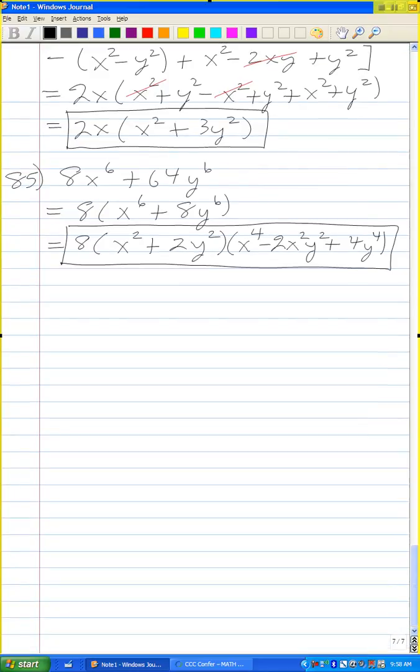Let me do problem number 86. In exercises 86 through 94, factor using formulas for the difference of two cubes. z cubed minus 64 is, well, cube root of z cubed is z. Cube root of 64 is 4. First term, square it, z squared.